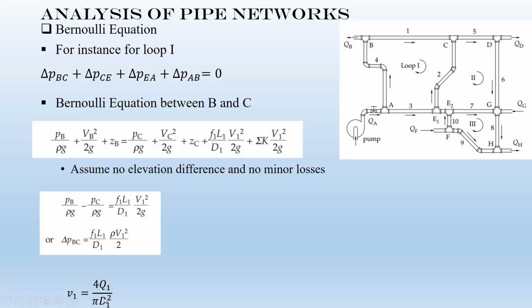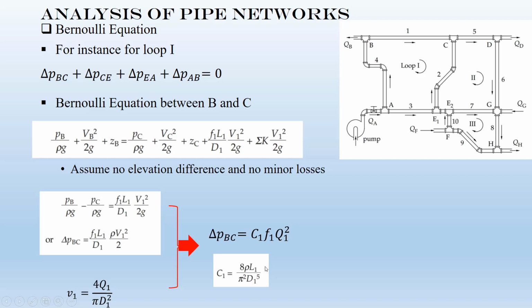V1 is Q1 over A1, and A1 is pi D1 squared over 4. If you substitute for velocity from this equation into this delta P equation, we can write the delta P BC equals C1 F1 Q1 squared. What is C1? C1 is a constant. It's 8 rho L over pi squared D1 to the 5.